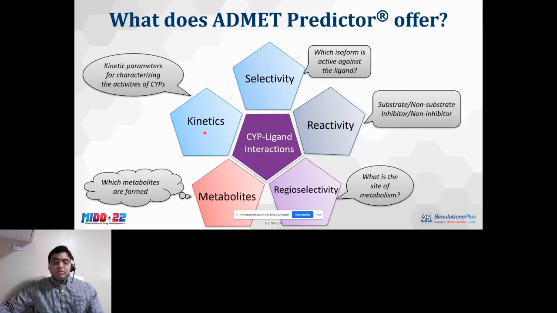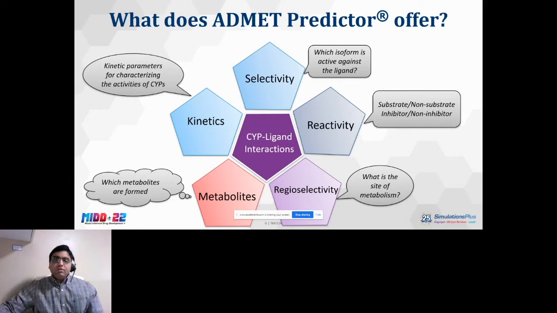And last but not least is the kinetics. These are quantitative properties like the Michaelis Menten equation, Km value, Vmax, or clearance. And these properties are used mostly during our drug-drug interaction predictions.